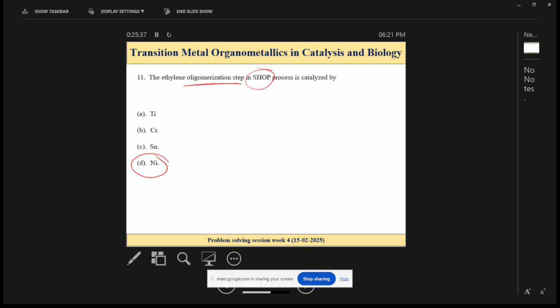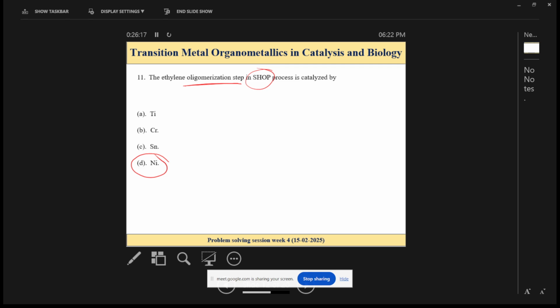With this, we completed the 11 questions from today's topic. So in this course, we have mainly seen the application of organometallic complexes in a broad aspect, that is, the larger synthetic possibilities.